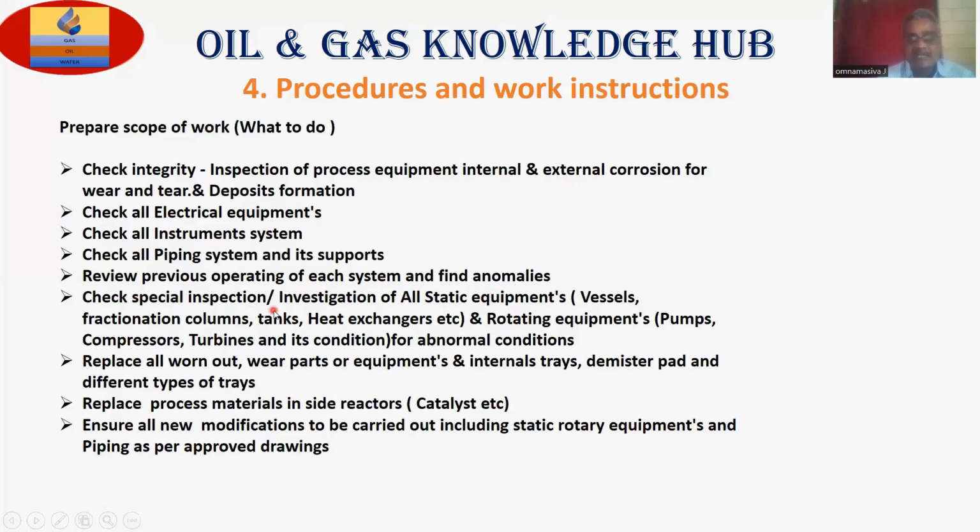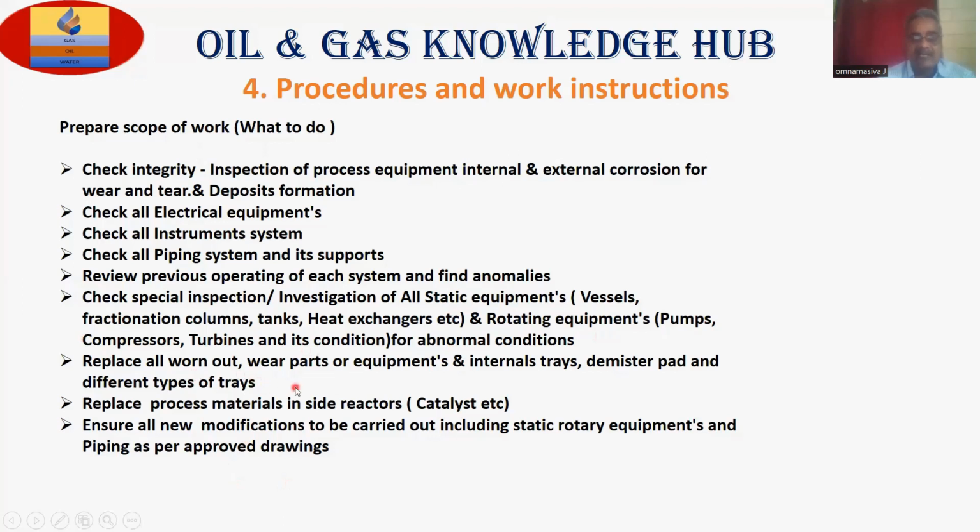Check special investigations of all static equipments. That means vessels, fractionation columns, tanks, heat exchangers, and rotating equipments like pumps, compressors, steam turbines. Many things are there for abnormal conditions.